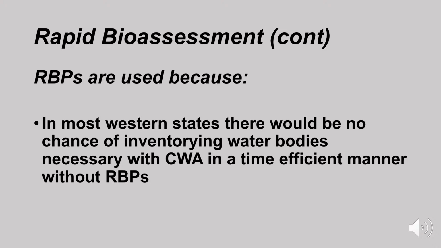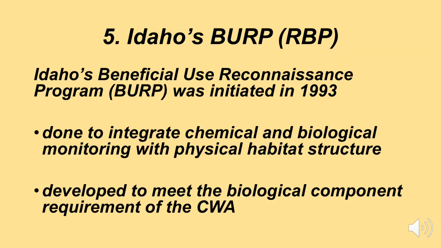Now, if we take this down to a lower level, and we take it to the region of the Pacific Northwest, and let's use Idaho for an example. We look at Idaho's rapid bioassessment protocols. In Idaho, we call it the BURP program. Idaho's Beneficial Use Reconnaissance Program, or BURP, was initiated in 1993.